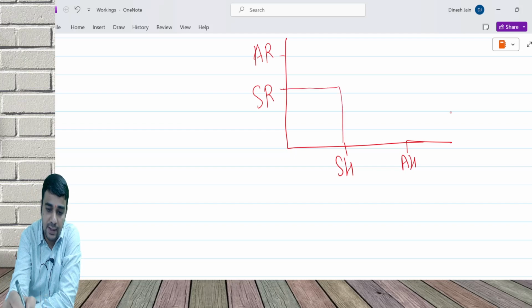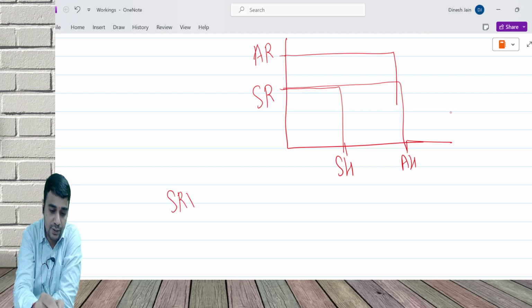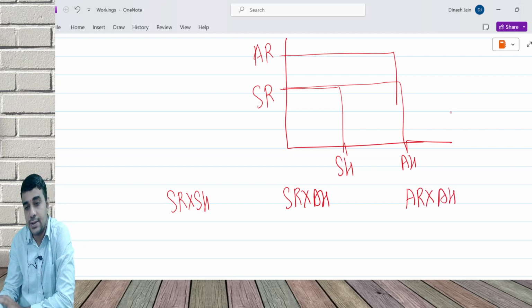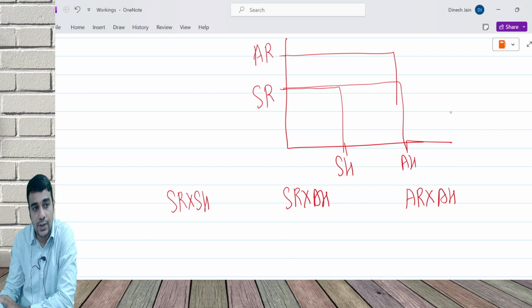Computation table: SR into SH, SR into AH, AR into AH. Exactly the same thing. Standard rate into standard hours, standard rate into actual hours, actual rate into actual hours. The gap between SR and AR is called what variance there?